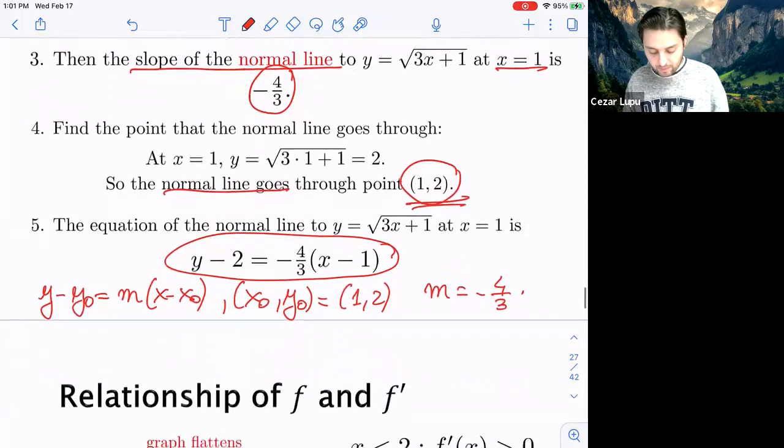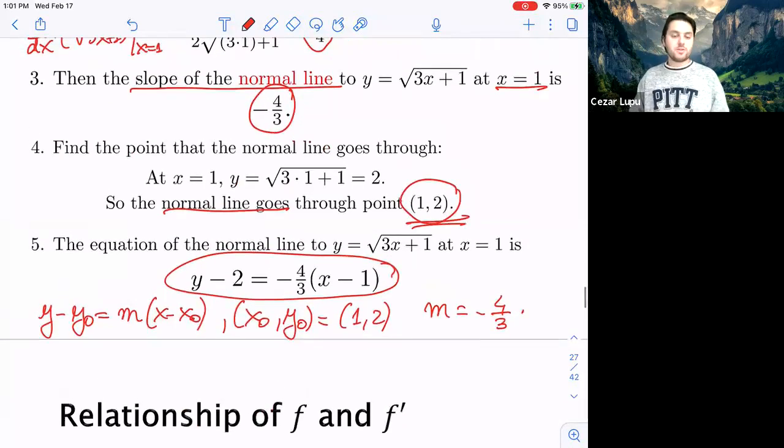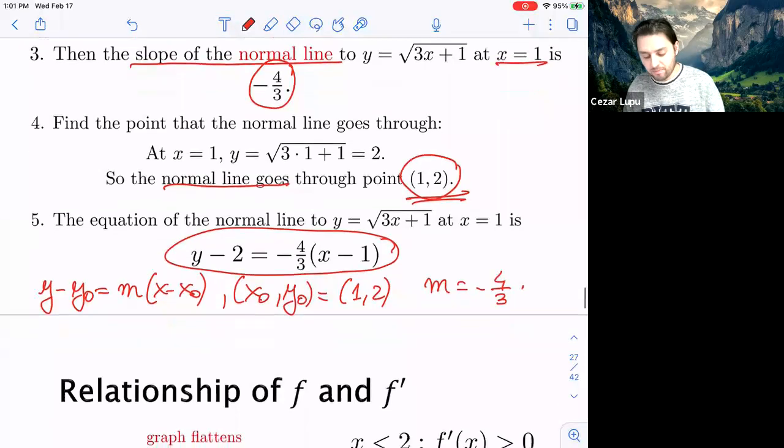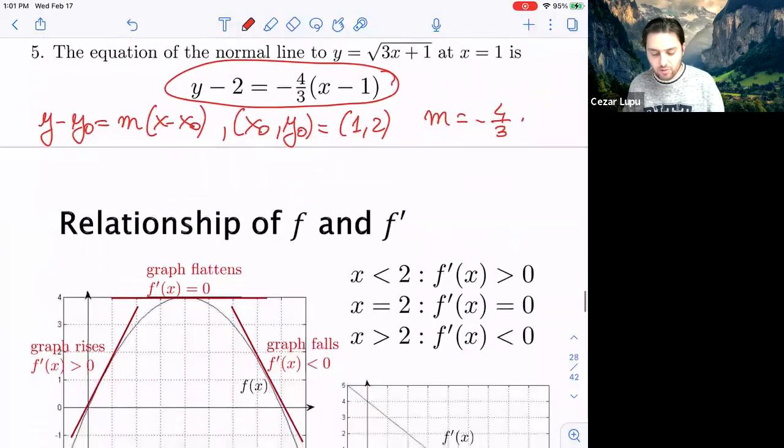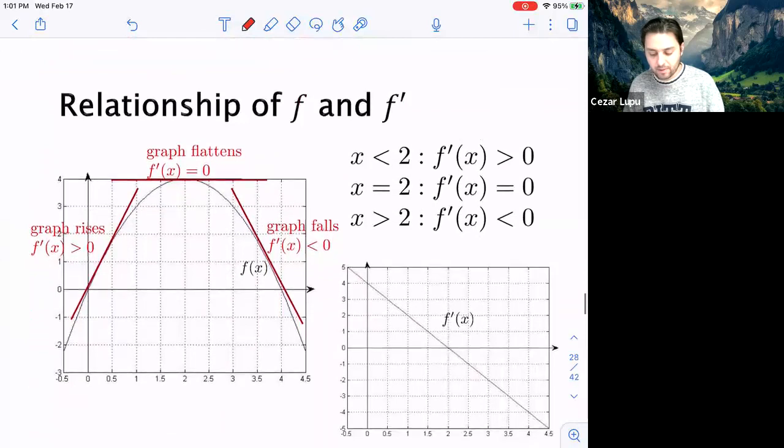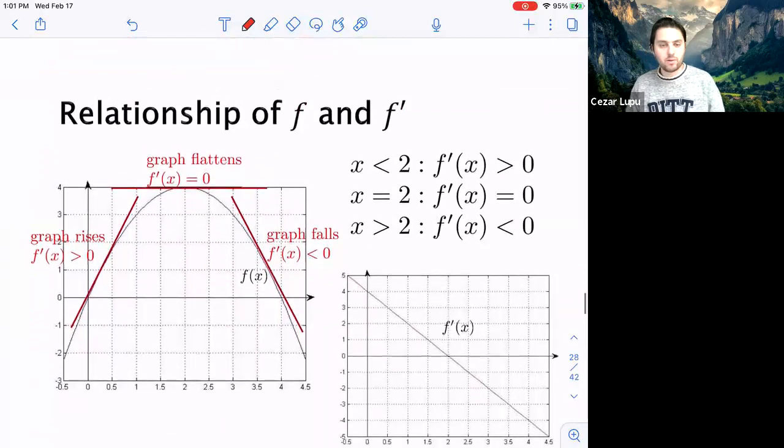All right, now let's talk about the relationship. So let's get towards more qualitative properties of the derivative. So let's talk about the relationship of f and f prime between these. And now let me draw your attention to the following graph. I would like you to look very closely at it.